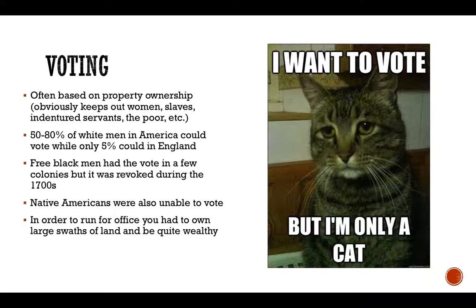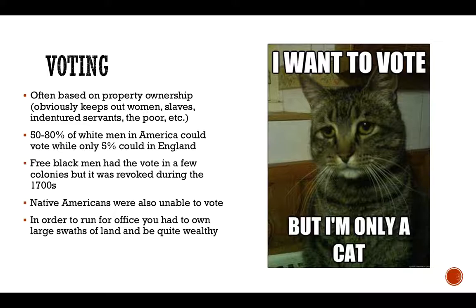Free Black men sometimes had the right to vote in a few different colonies, but it was revoked before too long and stayed that way, as we know, effectively until the middle of the 20th century.